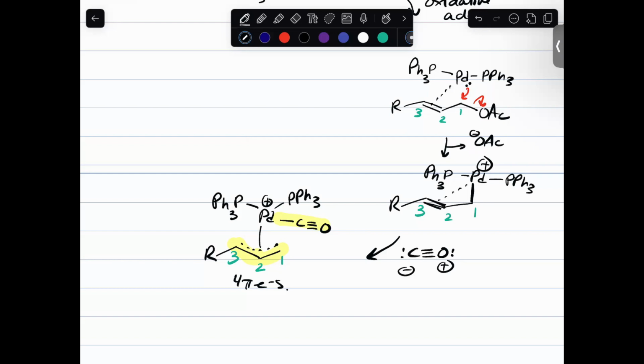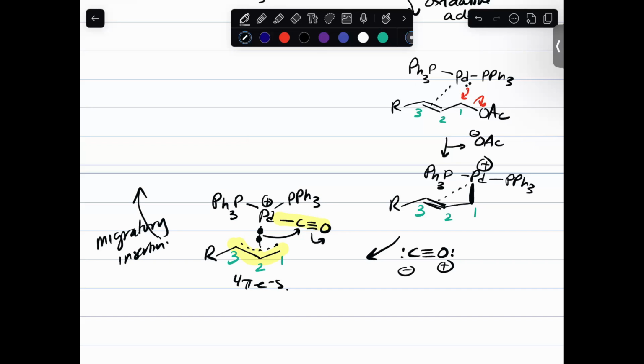Okay. Now here's where things are different. In this case, we have to have our 2 electrons from carbon 1 add to the carbon monoxide for a migratory insertion. Now, typically, the nucleophile attacks carbon 1 and the electrons are given back to the palladium.